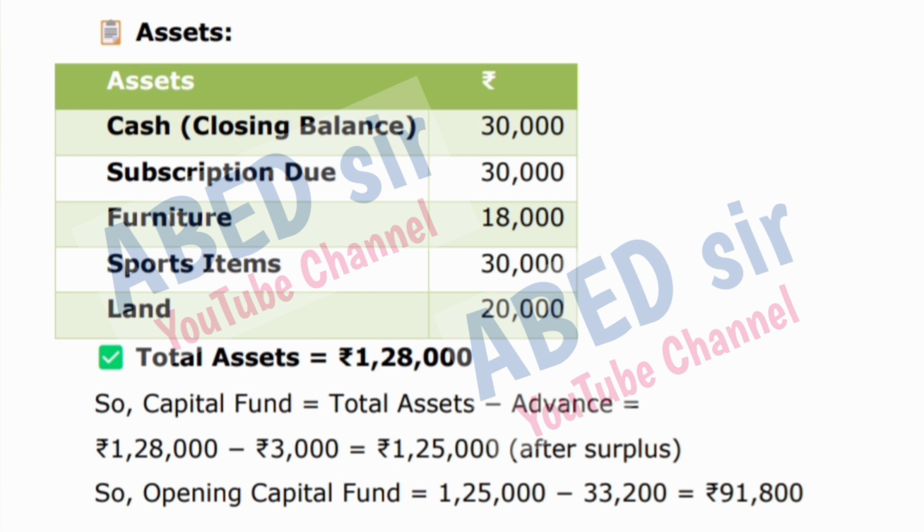Total assets is 1,28,000 rupees. So, capital fund is total assets minus advance, 1,28,000 minus 3,000, which is 1,25,000 rupees after surplus. So, opening capital fund is 1,25,000 minus 33,200, which is 91,800 rupees.